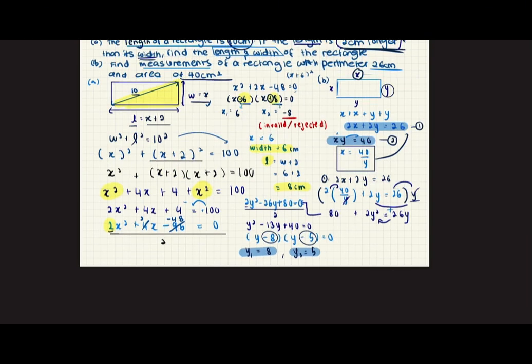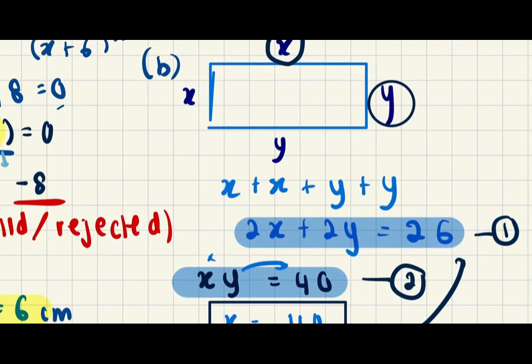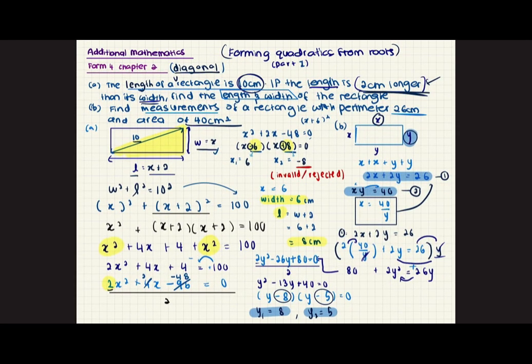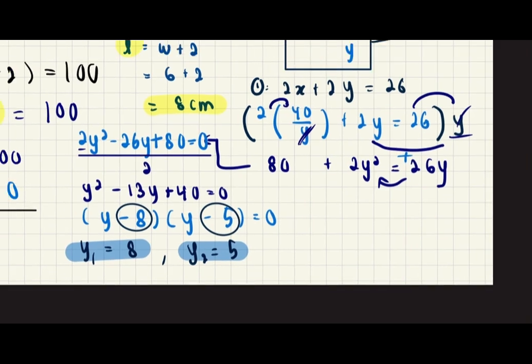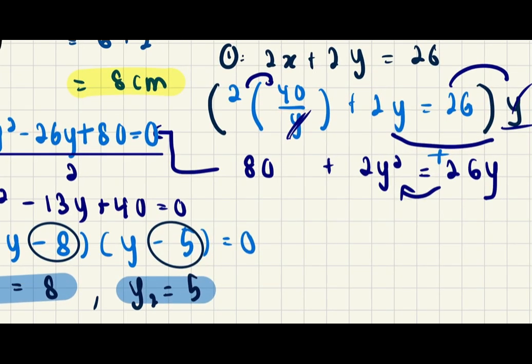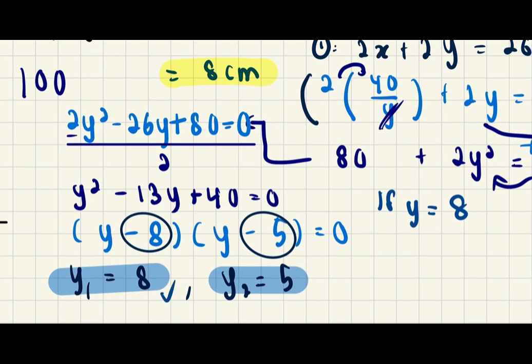But this y is only our width, right? We want the length. So if y equals 8 first, we do the first one.